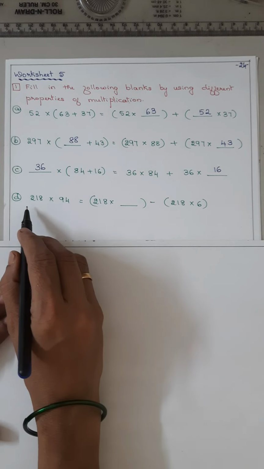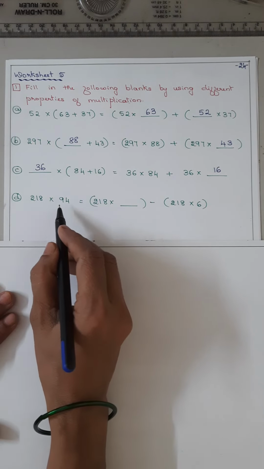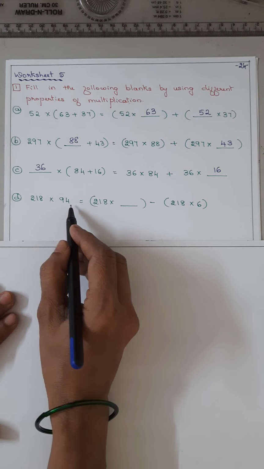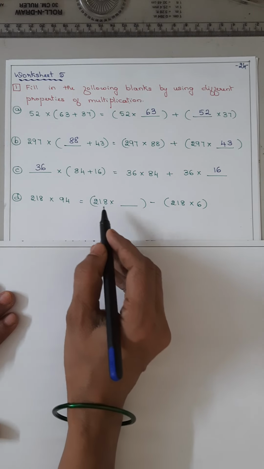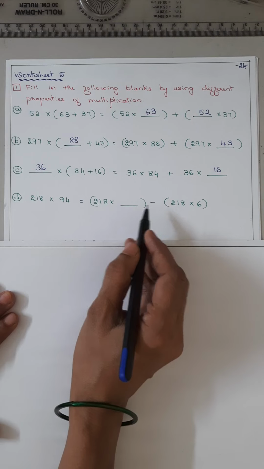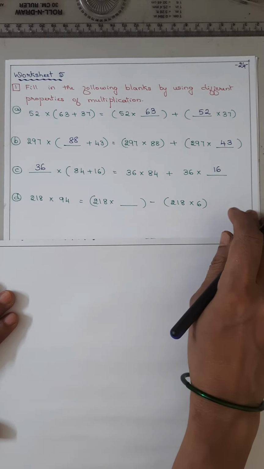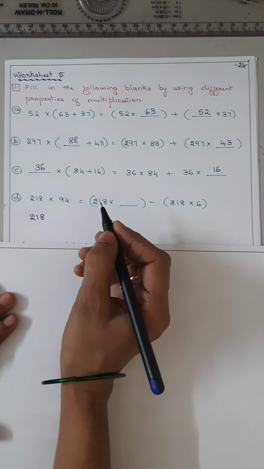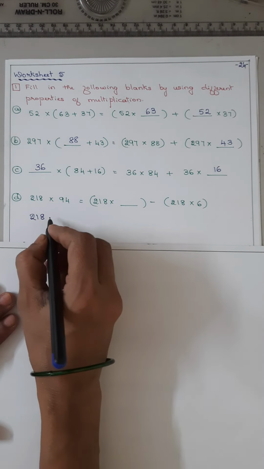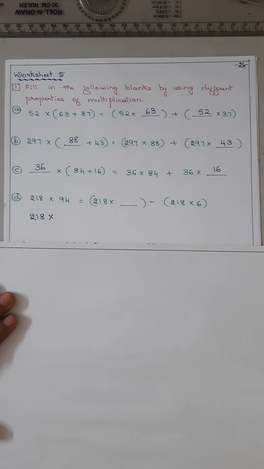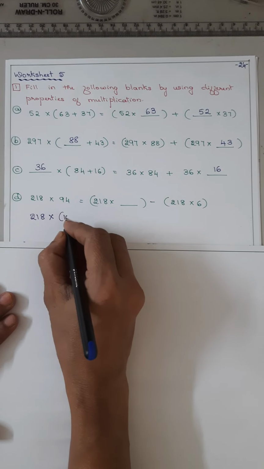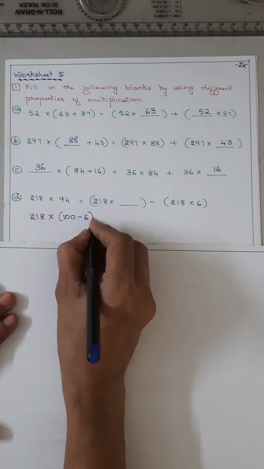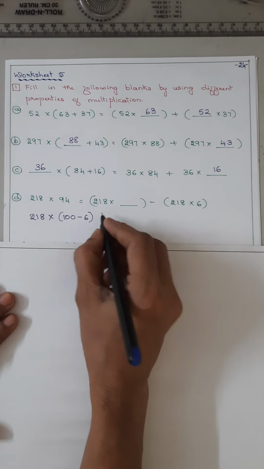Now coming to the question number D. It is 218 into 94 is equal to 218 into dash minus 218 into 6. Now this type of sum we have done in the example. 94 can be written as 100 minus 6. Yes or no?